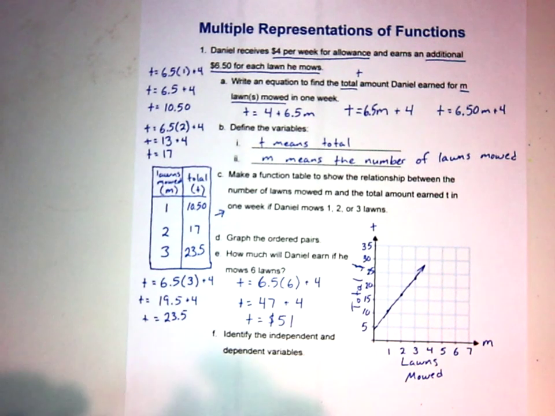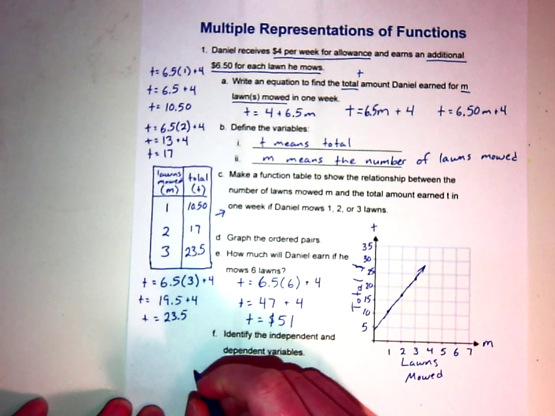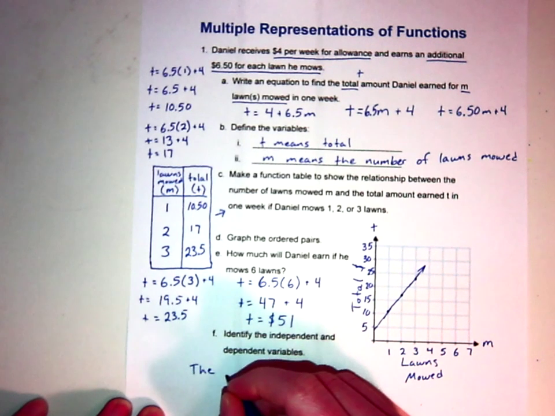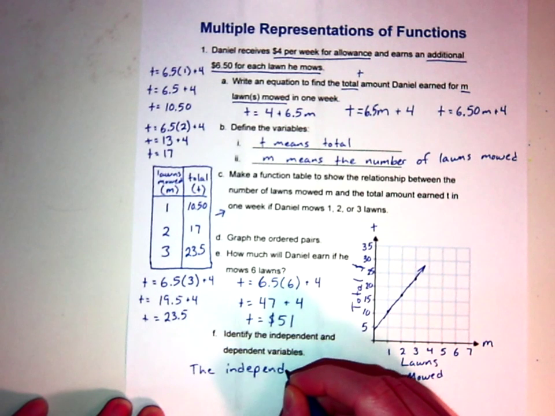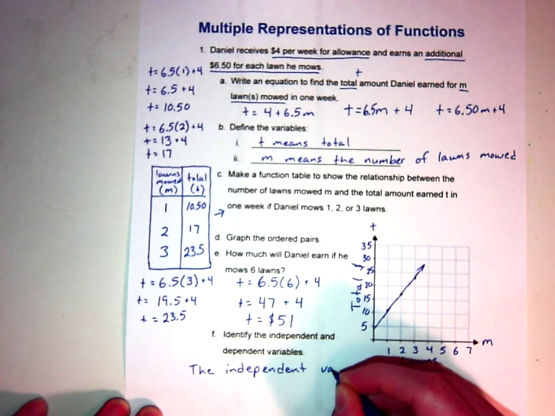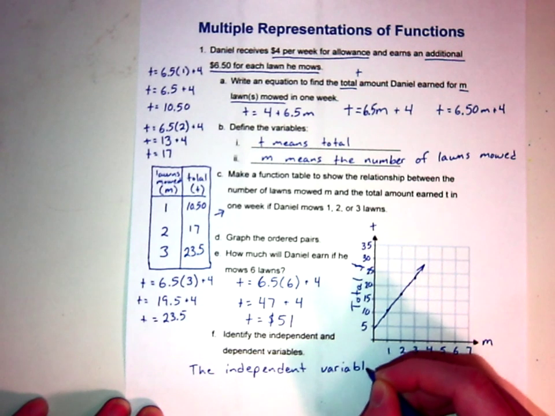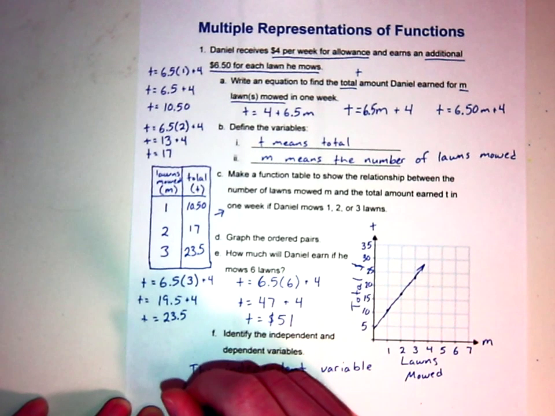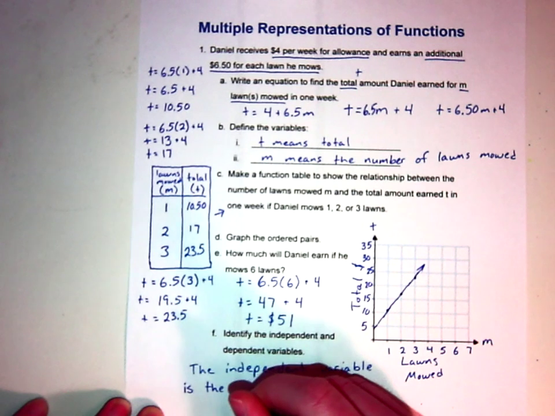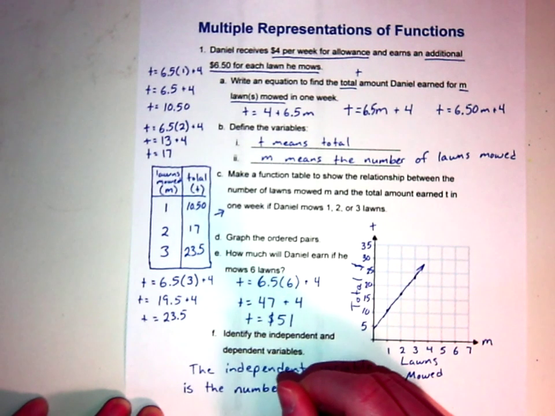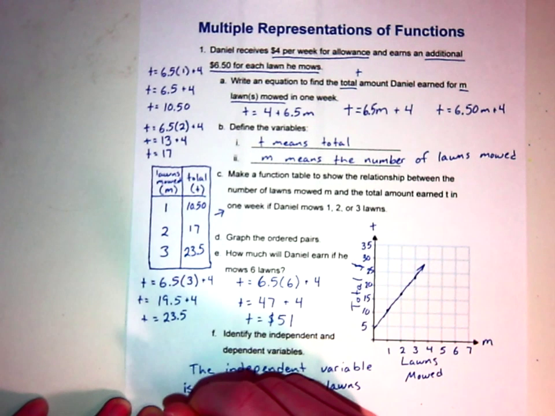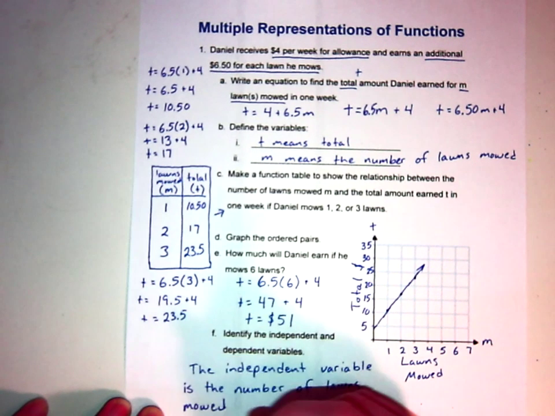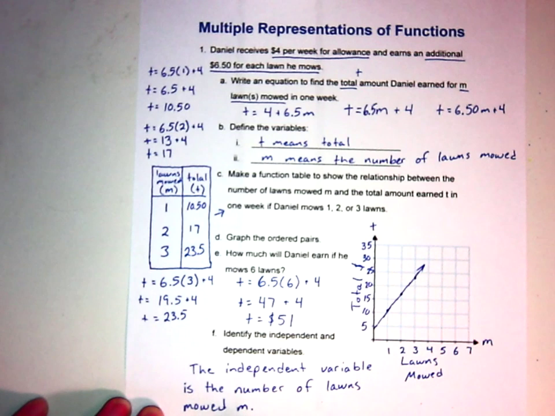So in this case, the independent variable is the number of lawns mowed M.